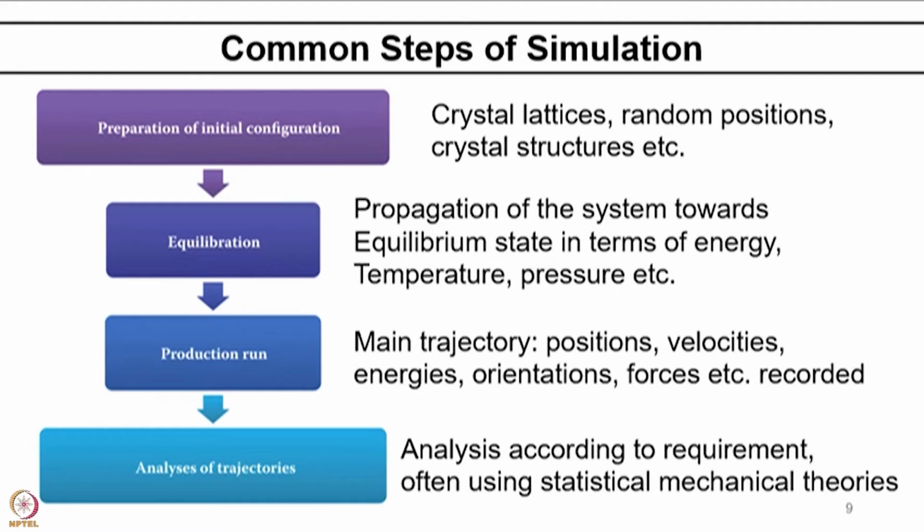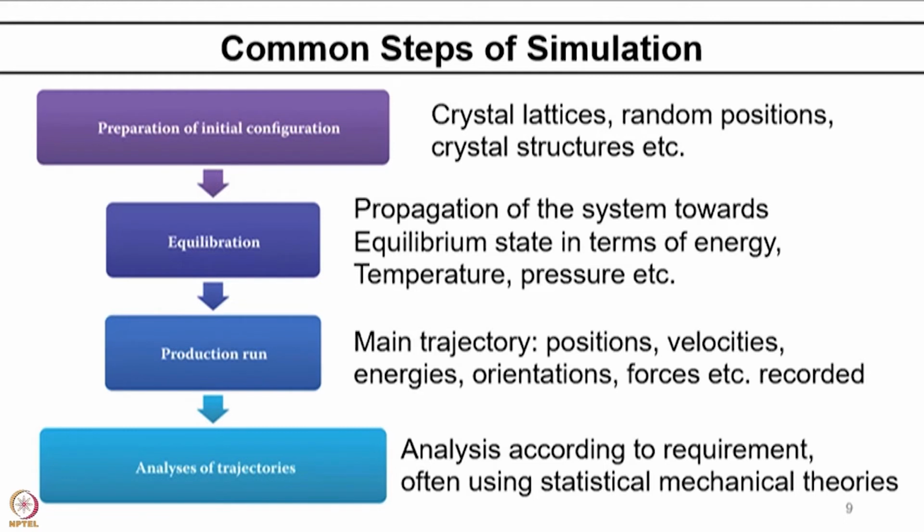We prepare the initial configuration. I'll talk about preparing an initial configuration as an example. Then the initial configuration often is very far from the system configuration that you want to study. So from the initial configuration, you have to run the system for a long time, or in Monte Carlo also, you have to make many moves to equilibrate the system at the temperature, pressure, and density condition that you need.